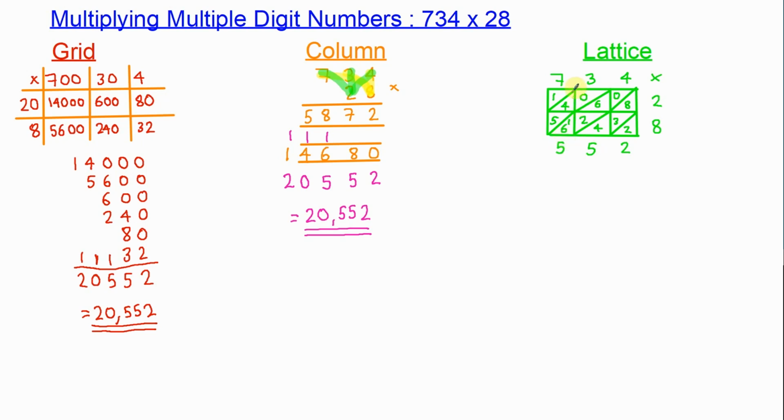So again, I put the 5 down and carry the 1 along in that pipe. So 1 plus 4 gives us 5, add the 5 gives us 10. And a common mistake here is that people would think that's 11, but don't forget we're always adding the individual digits here. So that's 1 plus 1, which is 2, which gives us 20,552.